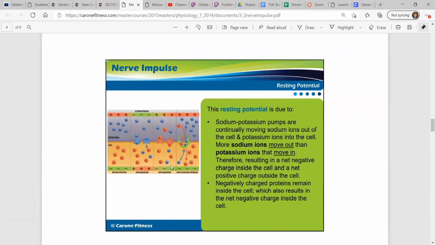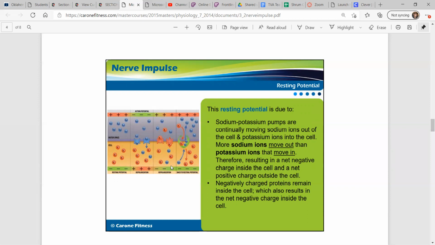Now, this is a resting potential, and that's due to sodium-potassium pumps. And they are continually moving sodium ions out of the cell and potassium ions into the cell. More sodium ions move out than potassium ions move in, therefore resulting in a net negative charge inside the cell.